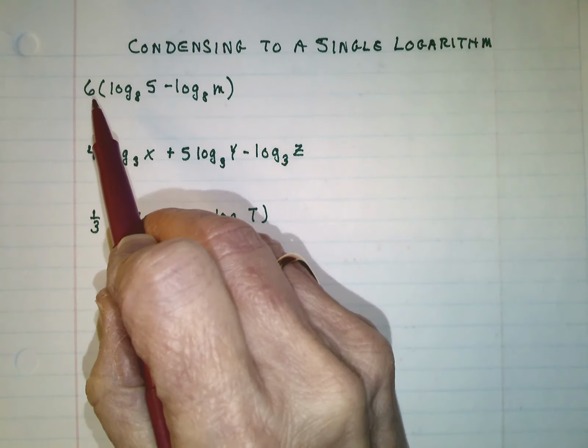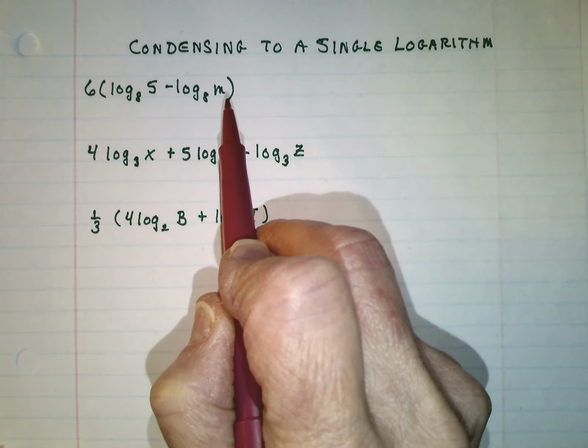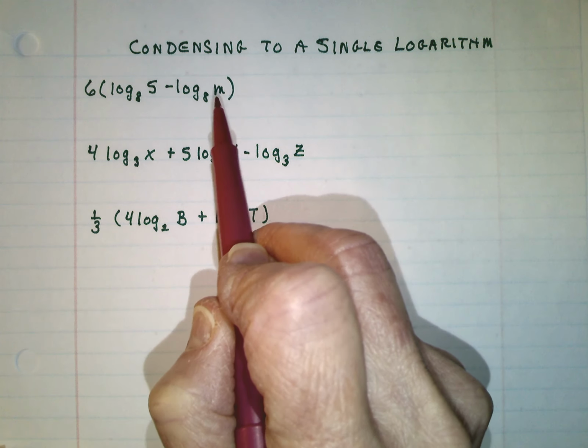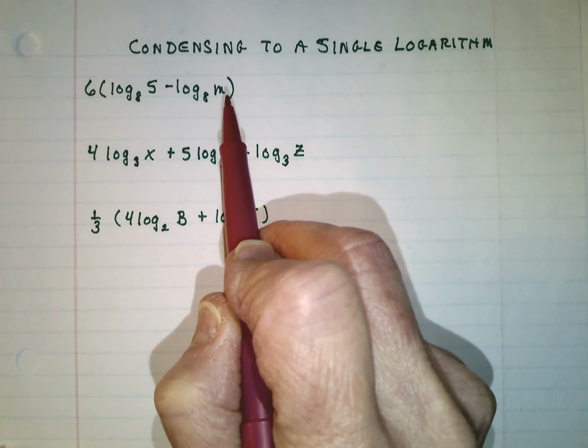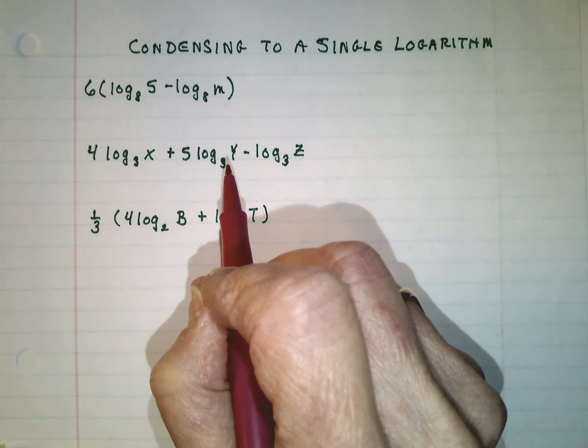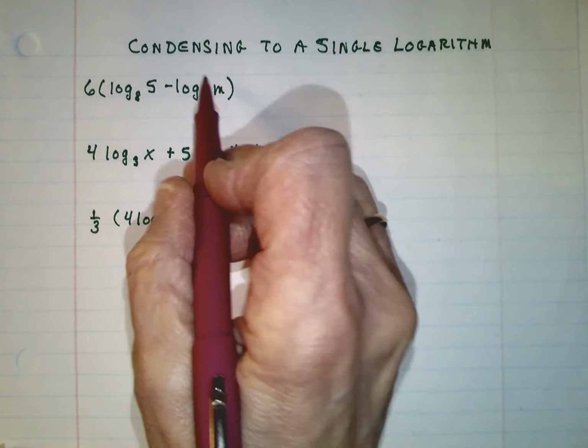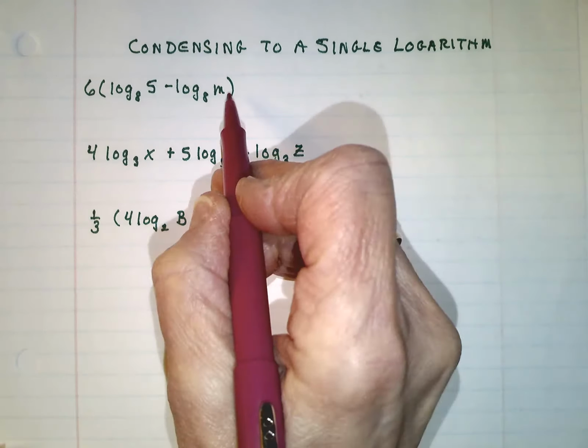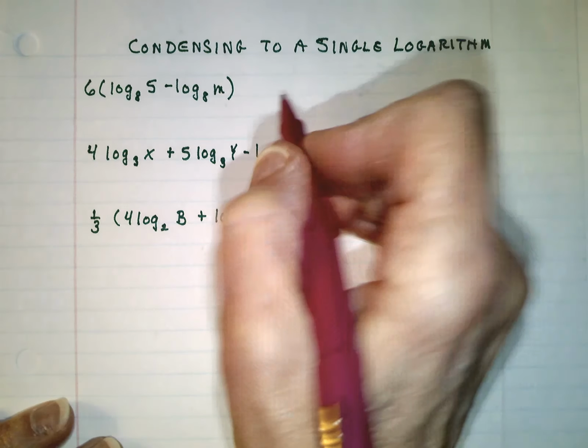We can either distribute the 6 all the way across and then deal with the pieces, or we can deal with the part inside the parentheses and then deal with the 6. It's probably faster to deal with inside the parentheses first when you're trying to condense it.